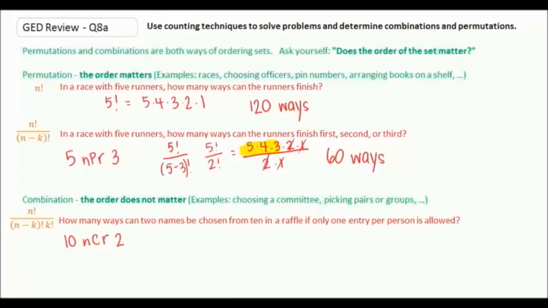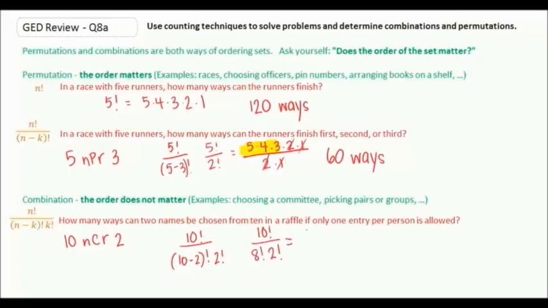It's very similar to our permutation formula, except we're adding an extra k factorial at the end. So we're going to say 10 factorial over 10 minus 2 factorial, and our k is 2 factorial. That would be 10 factorial over 8 factorial, since 10 minus 2 is 8.